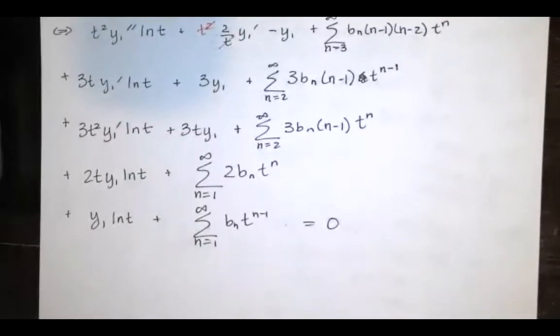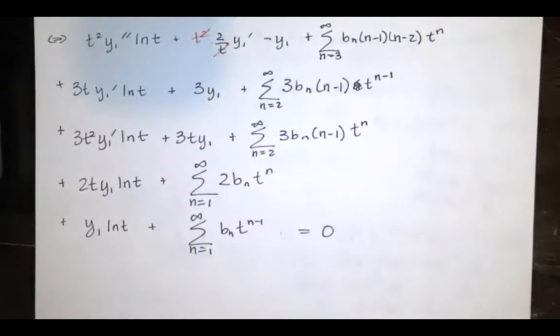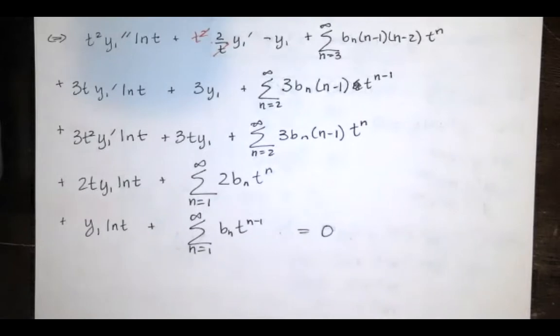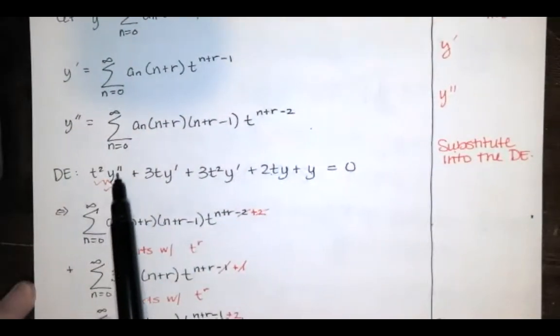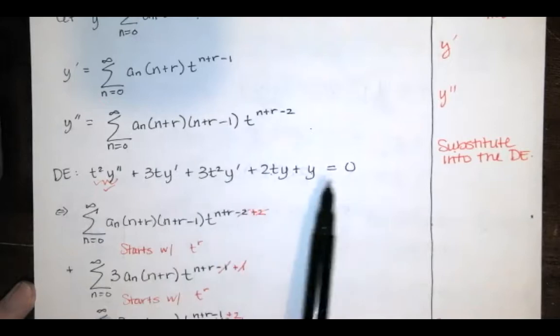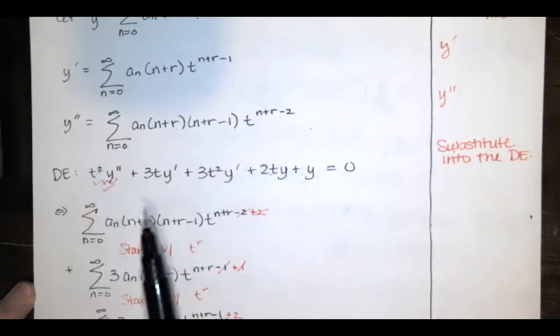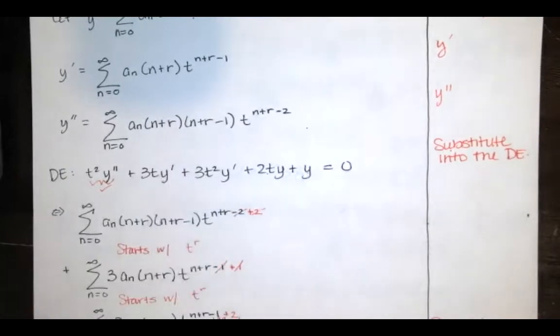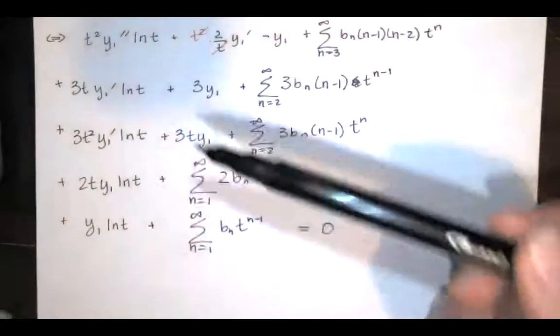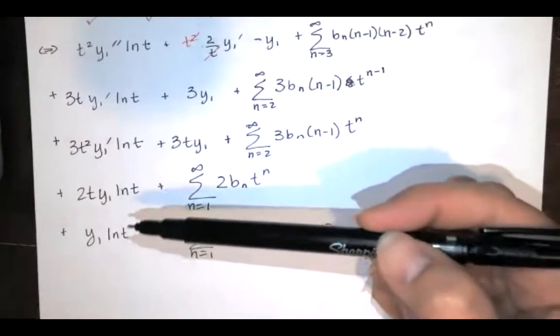Okay. Now, remember what I told you about those natural log of t terms and the y sub 1 terms. Y sub 1 is a solution to this differential equation. So if I replace all of these y double primes and y primes and y's with y sub 1 double prime and y sub 1 prime, this will give me 0. Notice that in this column right here, that's exactly what I have.